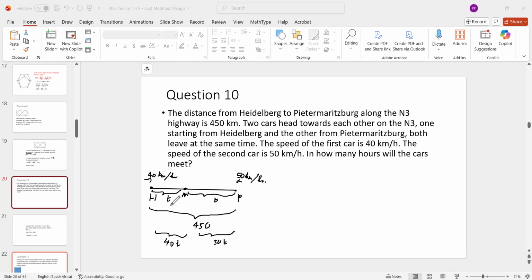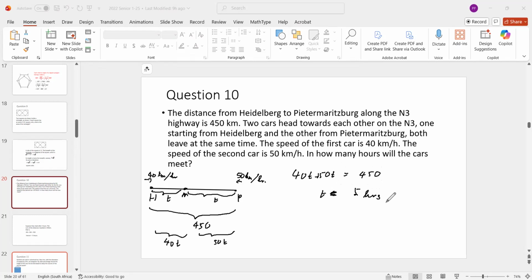So this has traveled 40T, this has traveled 50T. And you know that together it's the distance between the two towns. 90T is equal to 450. So T is equal to 5 hours.